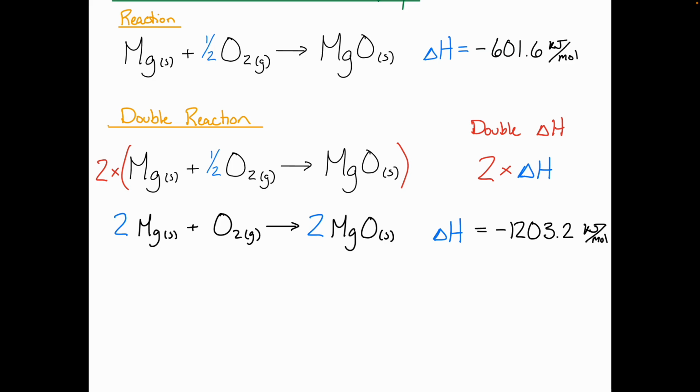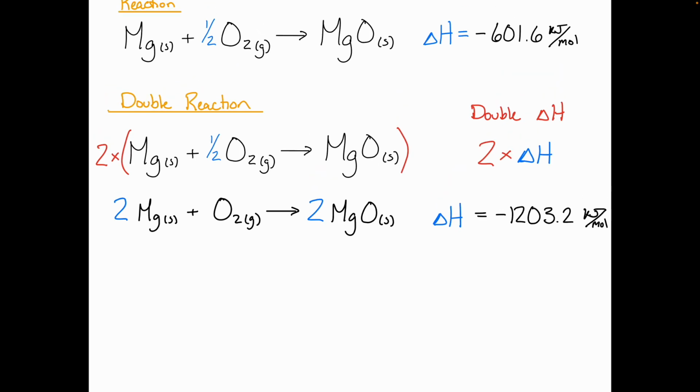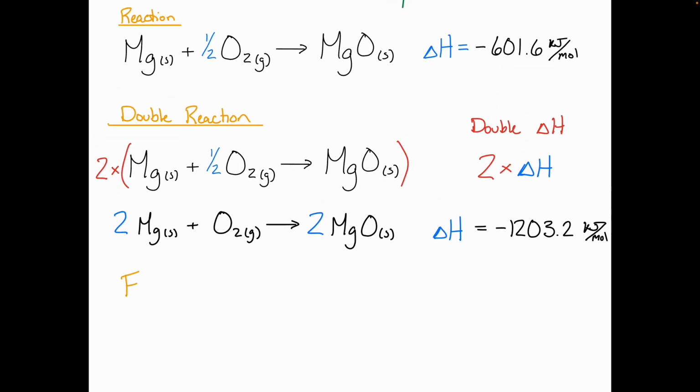All right, now what if we flip this reaction? Meaning that now I'm not going to say it's magnesium and oxygen combining to make magnesium oxide.